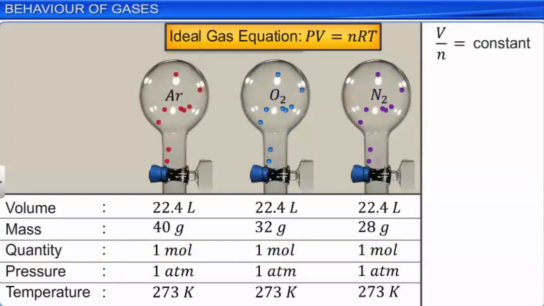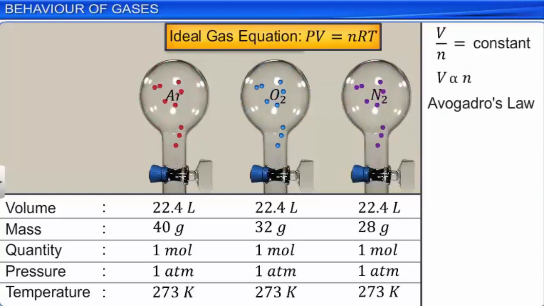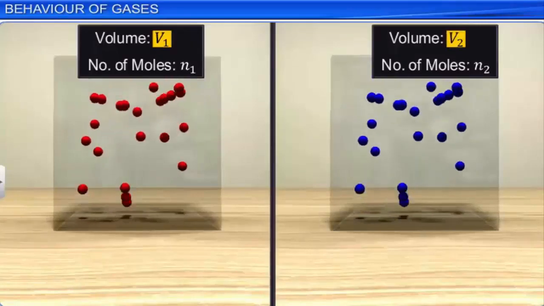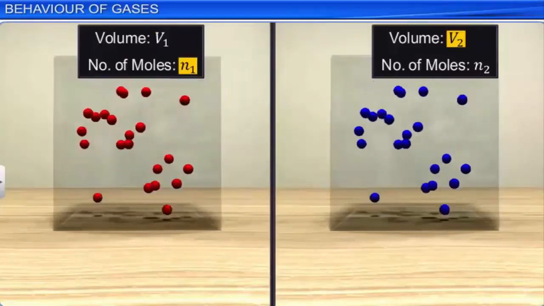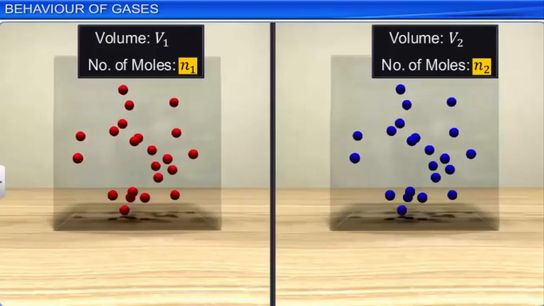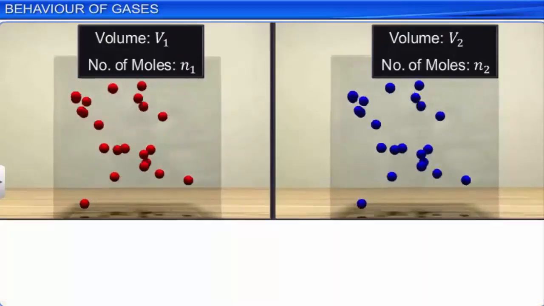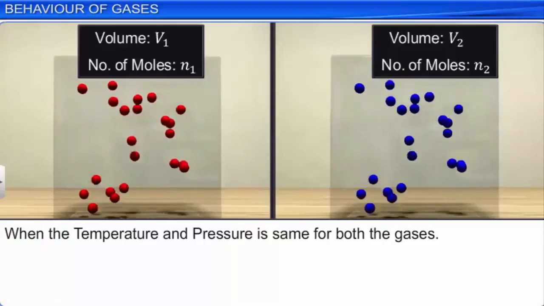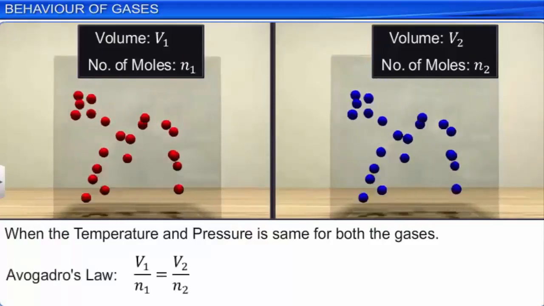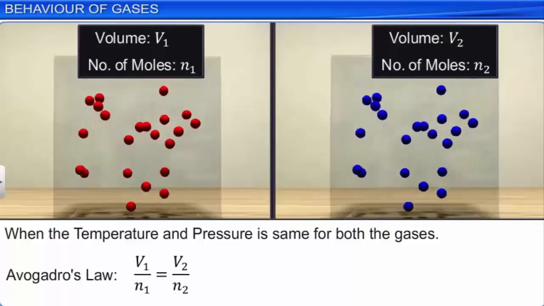This is called Avogadro's law. Let V1 and V2 be the volumes of a gas and n1 and n2 be the number of moles of the gas. If they are at the same pressure and temperature, according to Avogadro's law, V1 by n1 is equal to V2 by n2.